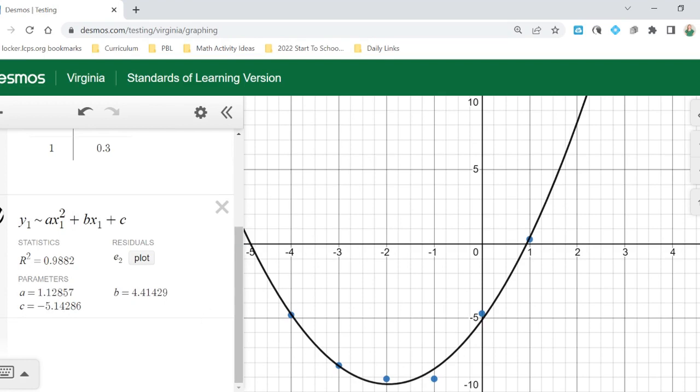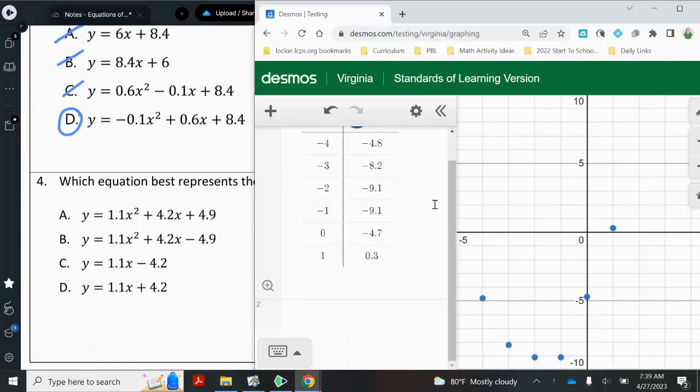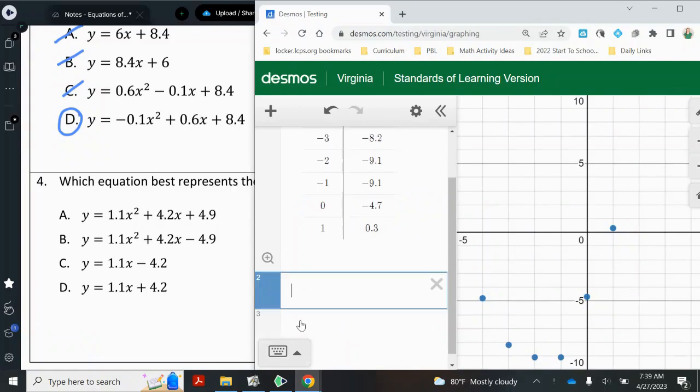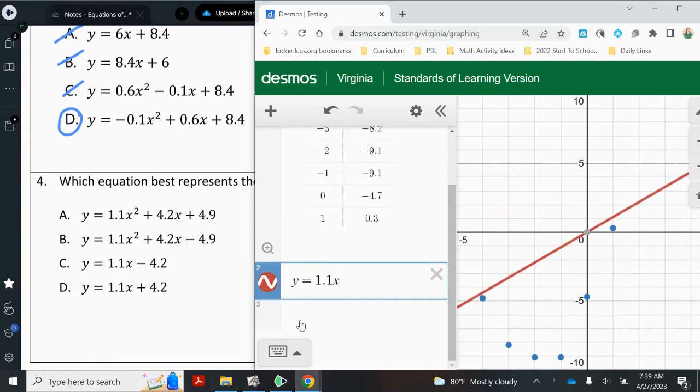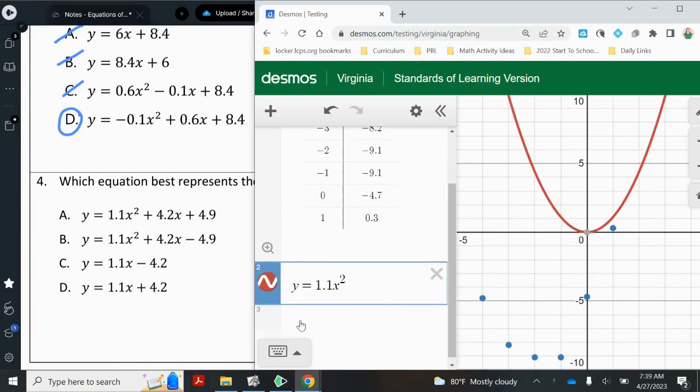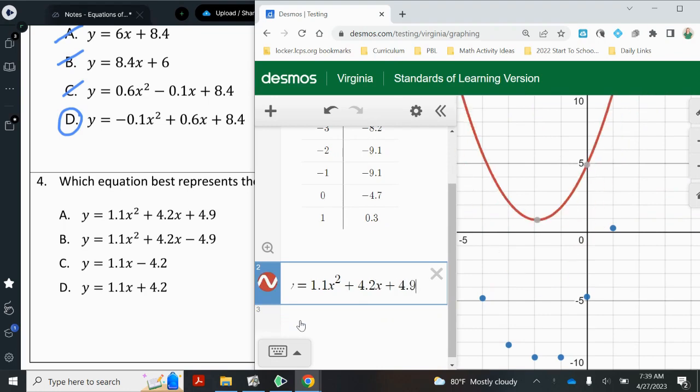What I can also do is use the multiple choice in my problem to get my answer. Great SOL technique is using your answers to see which one best represents the model. I'll try by typing in letter A to see if that's going to best fit my data.